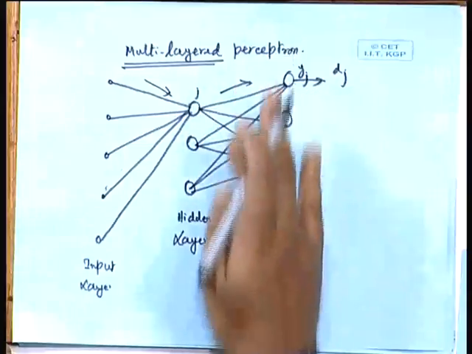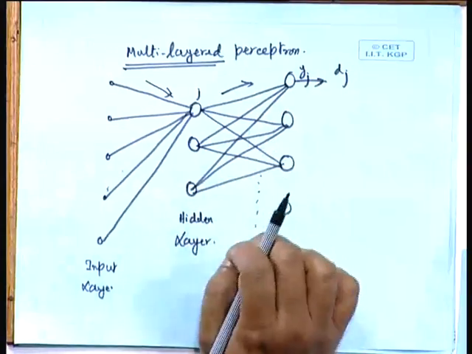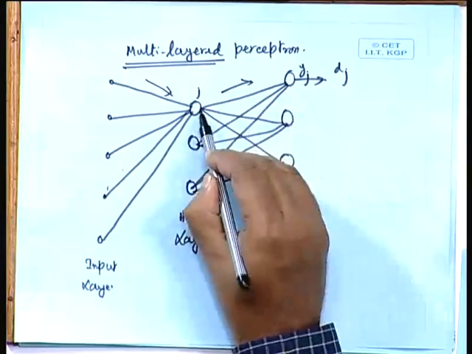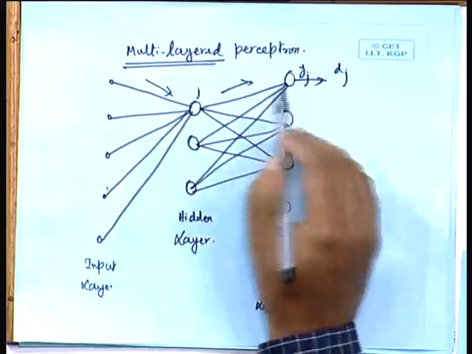So, accordingly there will be some error ej which is yj minus dj, but using that error we can update the weights that are connected between the output and the layer which is immediately preceding it.